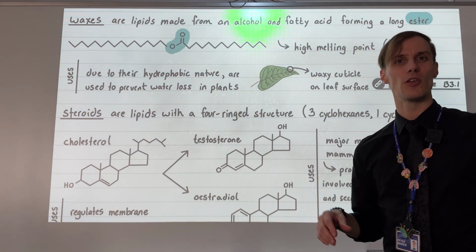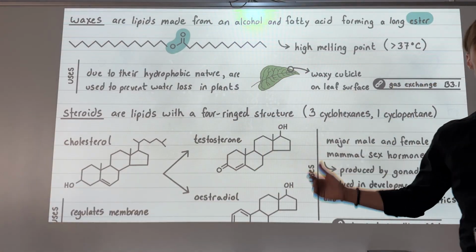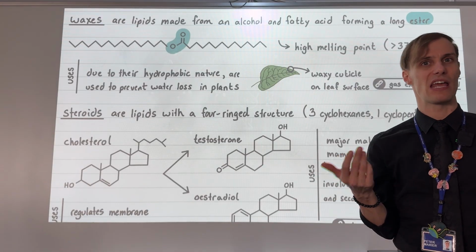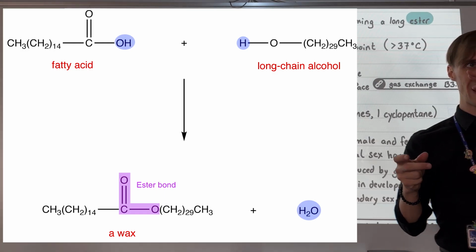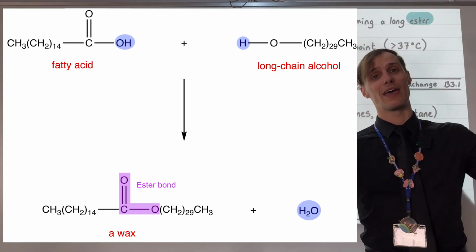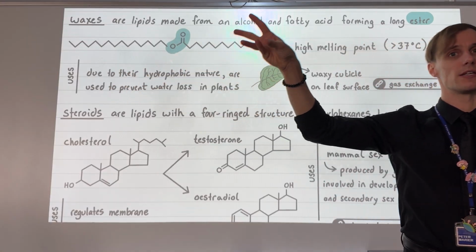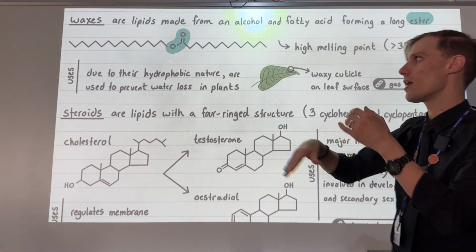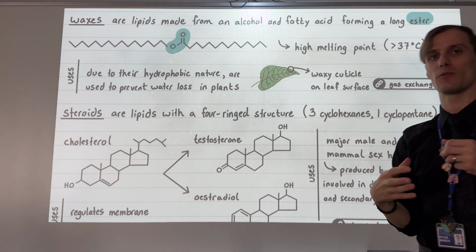Another type of lipid that you've almost certainly heard of would be waxes. So waxes are another group of lipids that you've no doubt heard of because they're kind of in everyday life. And waxes are formed from the reaction between alcohol and fatty acids, and you get this ester group with these long hydrocarbon chains. And so as you can imagine, these pack together quite nicely, and they also have a fairly high melting point. So they're typically solid at room temperature.